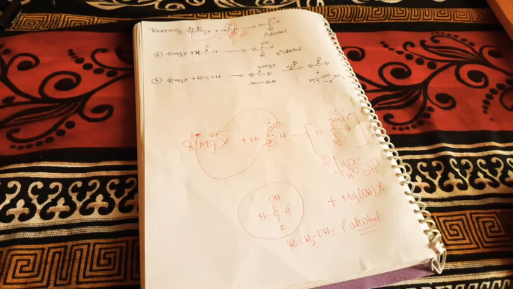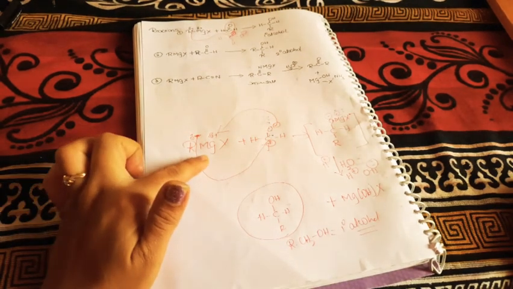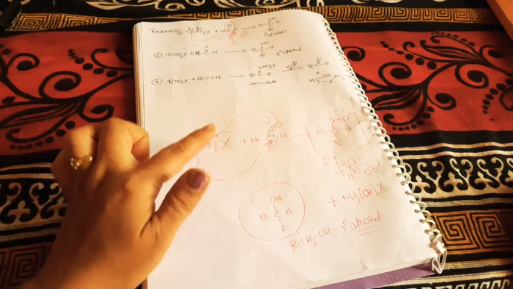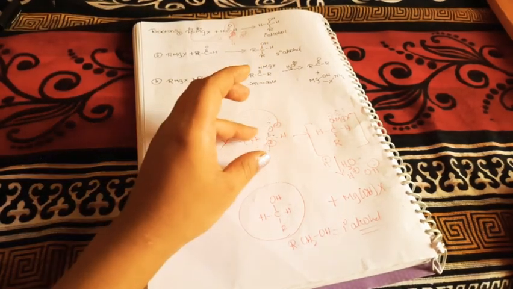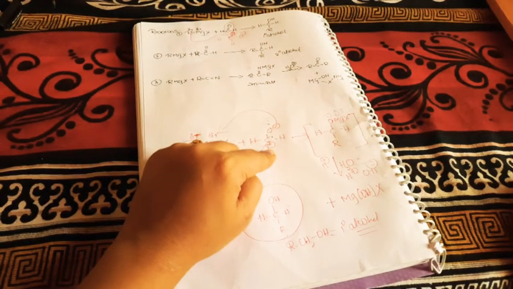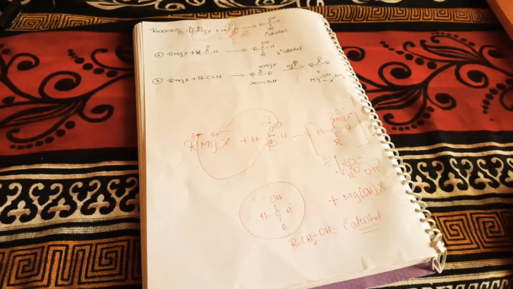The one point you have to keep in your mind is that in RMgX, R is with a negative charge, MgX is with a positive charge. So when this Grignard reagent reacts with any carbonyl, the carbonyl group is polar in nature, carbon is with a positive charge, oxygen is with a negative charge. Another point to keep in mind is that opposites always attract.